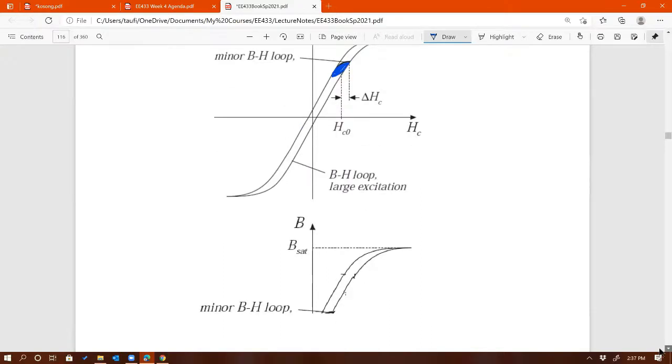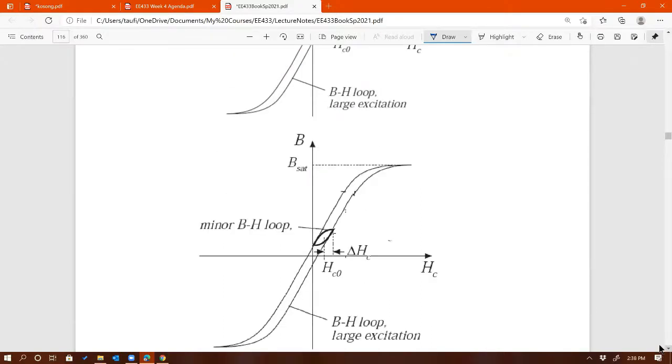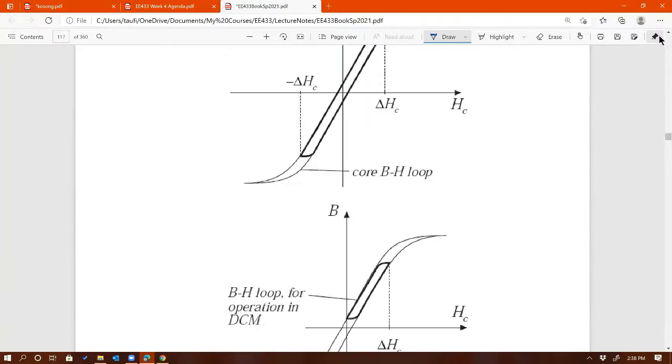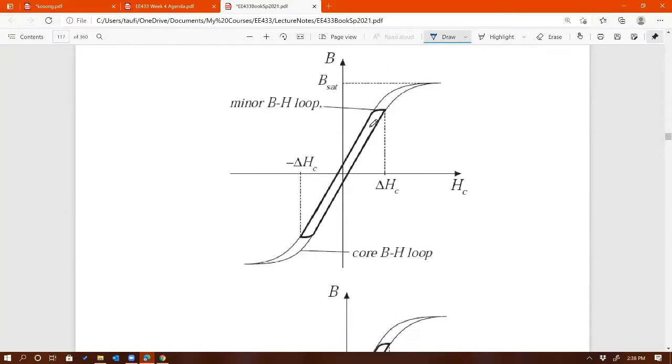Or I could have a topology, and this is still one quadrant, right? I could have a topology that produces a four quadrant operation of the magnetic component, right? So it goes positive, negative, voltage wise as well as current.